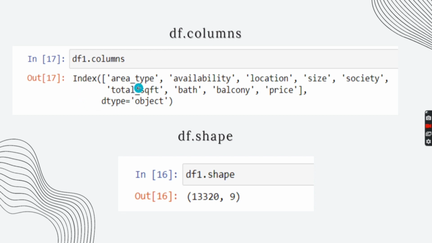As you can see, here are the indexes, and in every bracket there are the column names which we already saw in our data set in the previous slides. And what does df.shape do? df.shape gives us the rows and columns in a bracket formation. If we run this, we see that in this Bangalore house data set, we have a total of 13,320 rows with 9 columns.